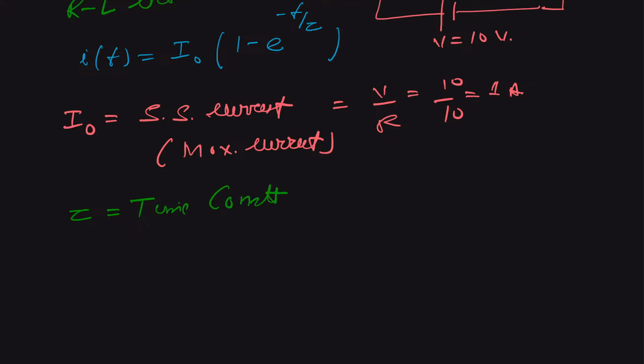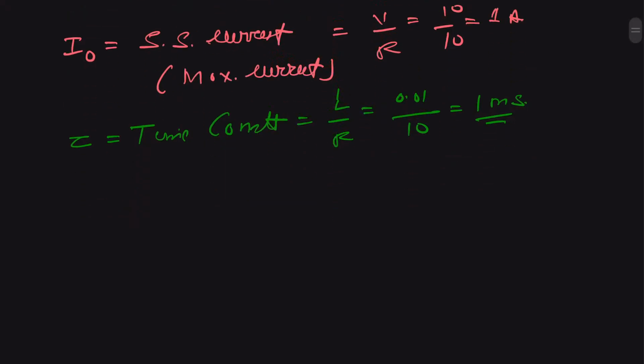And time constant for our RL series circuit is equal to L upon R. So this comes as 0.01 upon 10, which gives us 1 millisecond. And we have to find out the instant when the current is 1 upon e times the maximum value of the current.